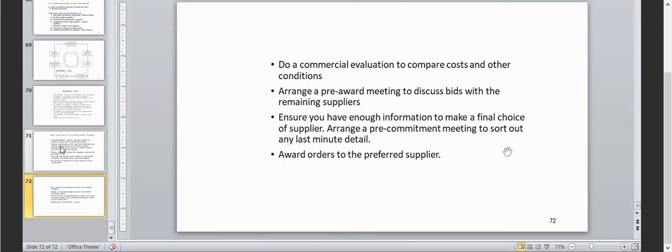the final decision is right, we need to have enough information: all the information about the supplier performance, all information about the product specification, all information about the cost associated with buying the inventories. And after we are satisfied with the supplier, lastly we award the order to the preferred supplier.